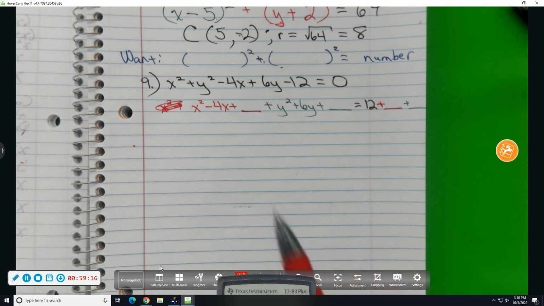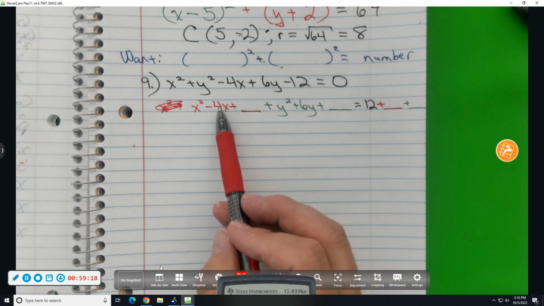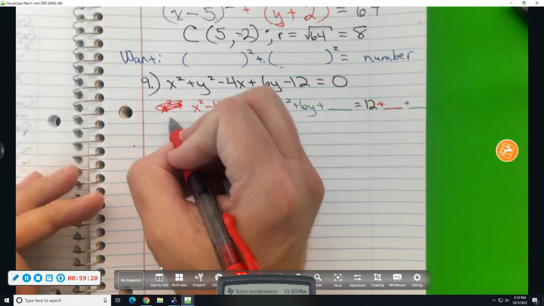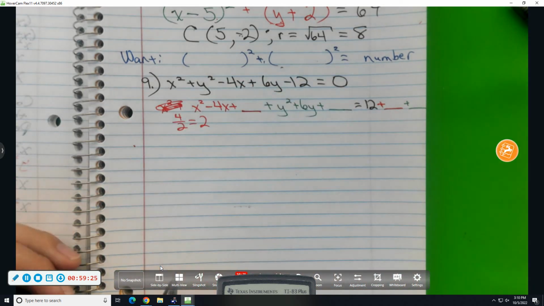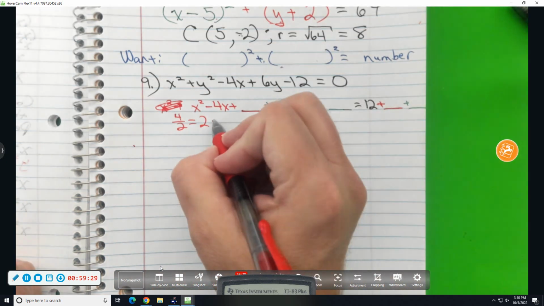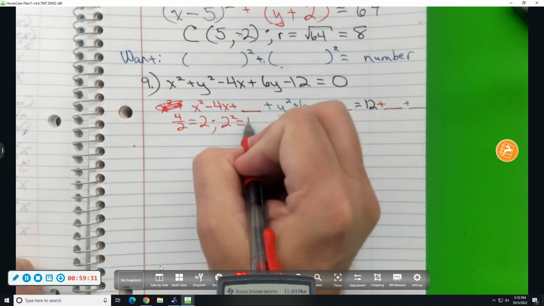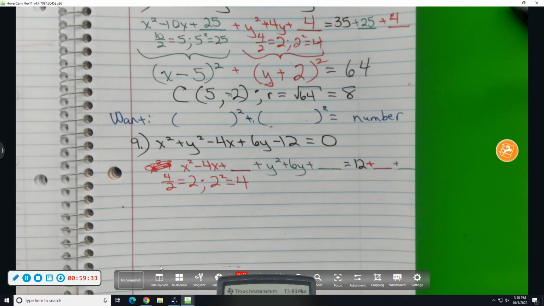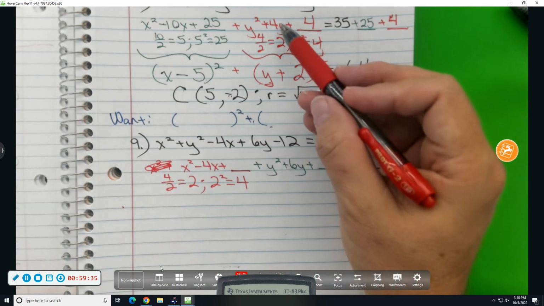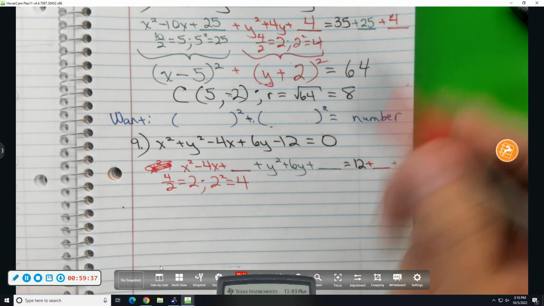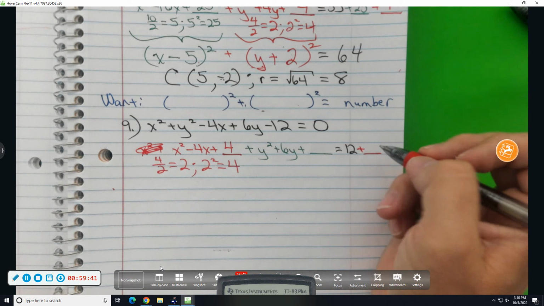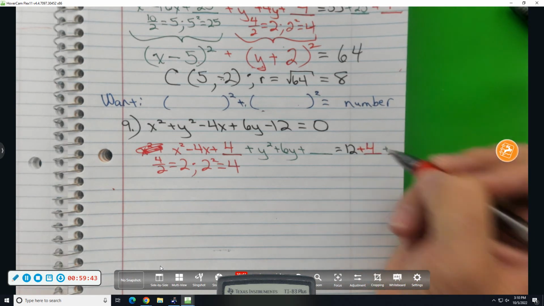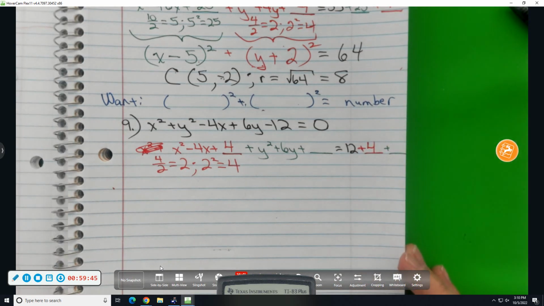I'll get us started. We take that number in front of x and we divide it by 2 to give us 2, and then square it to give us 4. Pretty much the same way we did like this. Half of 4 was 2. 2 squared was 4. So we add 4 to the red blank on the left, and we add 4 to the red blank on the right.